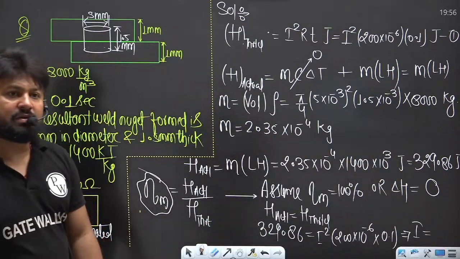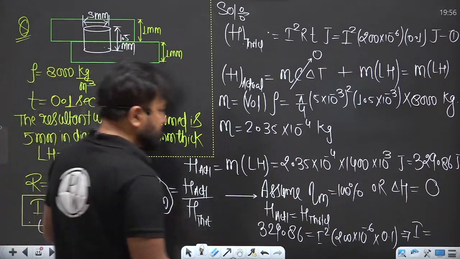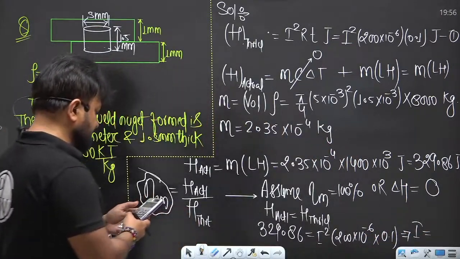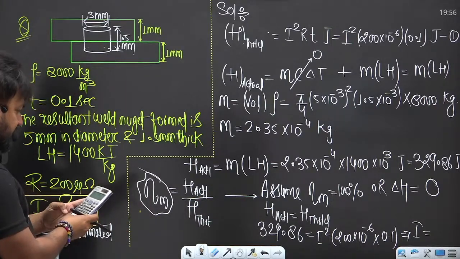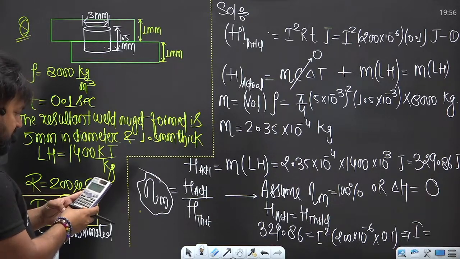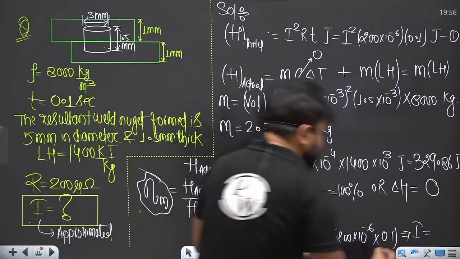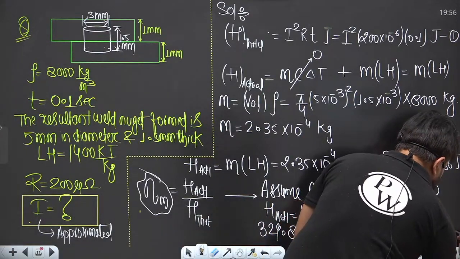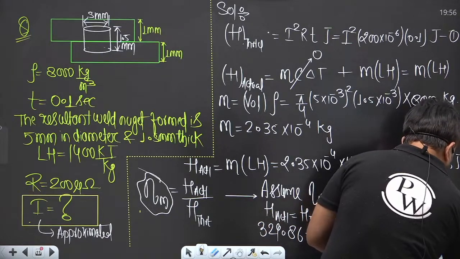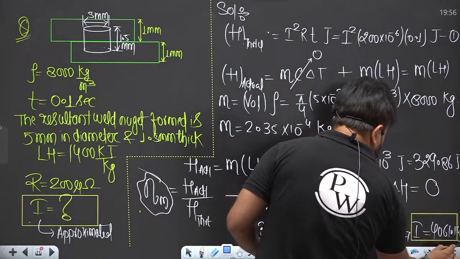I square is 329.86 divided by 200 times 10 to the power minus 6 times 0.1. Taking the root, the answer is 4061.15 ampere. So this is the approximated value of the current.